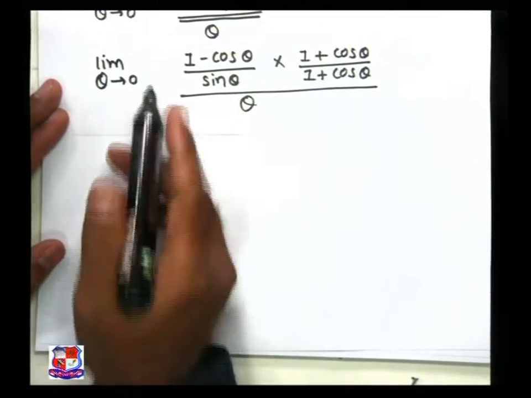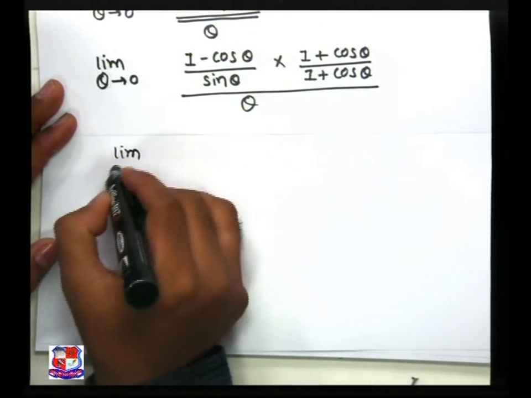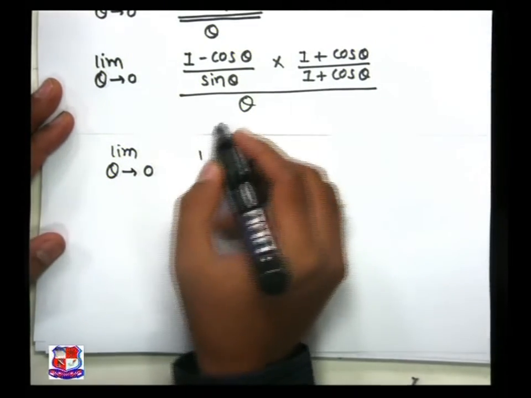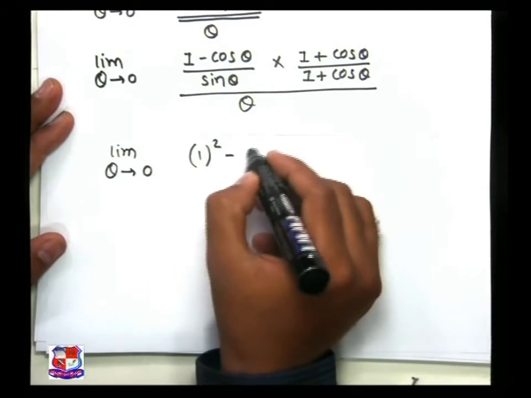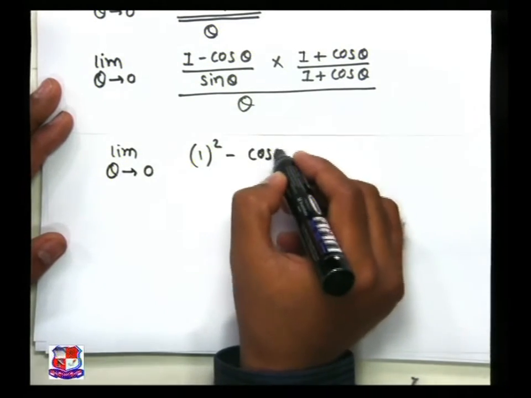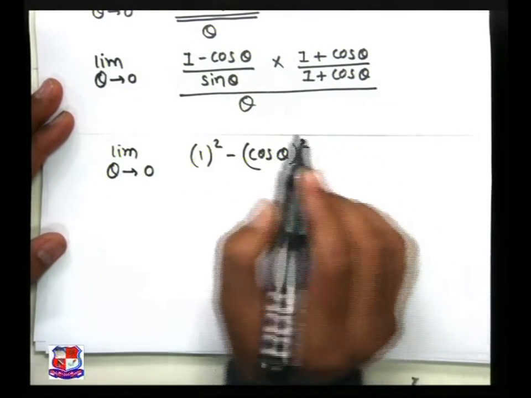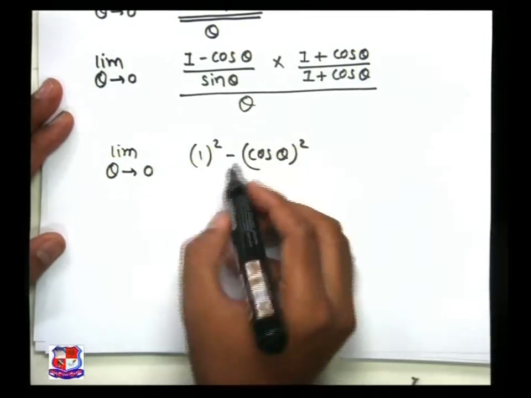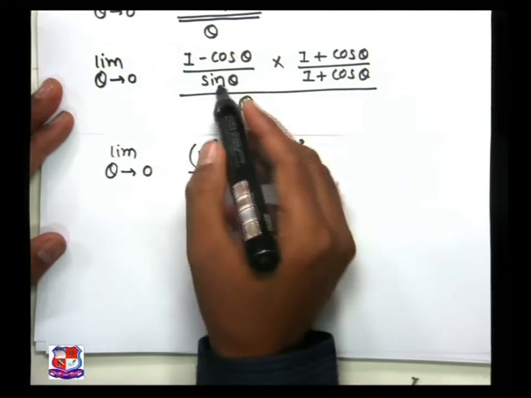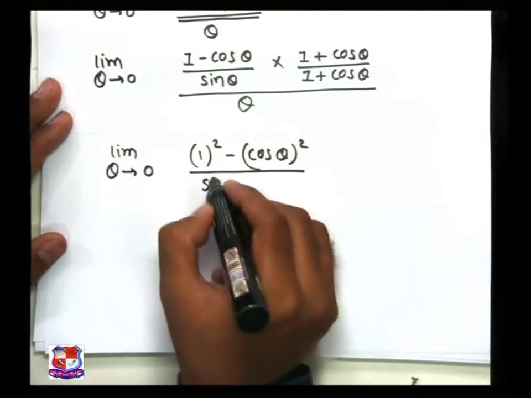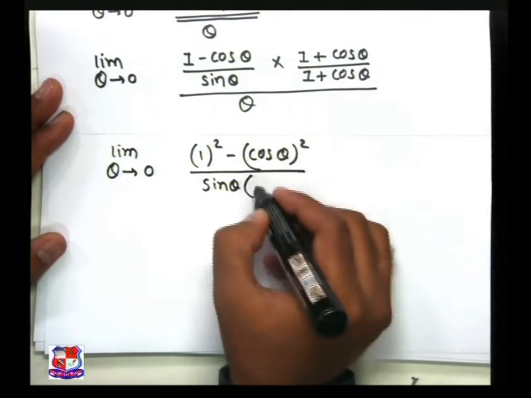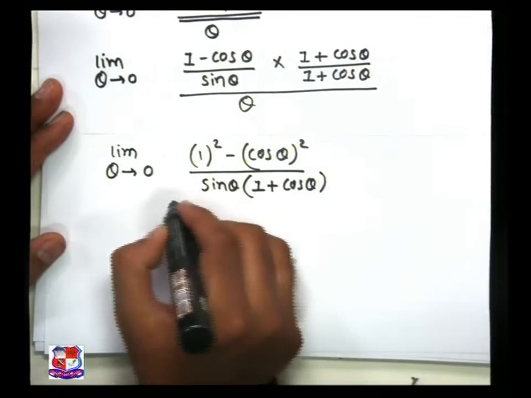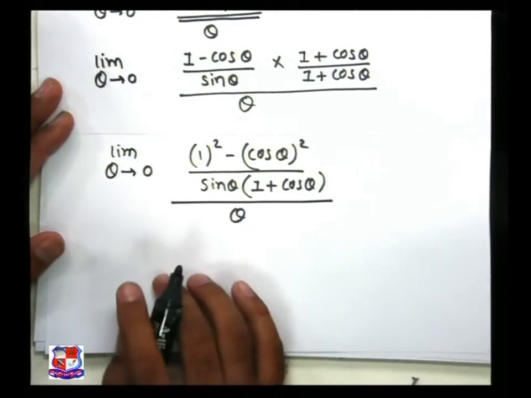So we write it: limit theta tends to 0, 1 square minus cos square theta, in a minus b and a plus b form, divided by sin theta into 1 plus cos theta, all divided by theta.